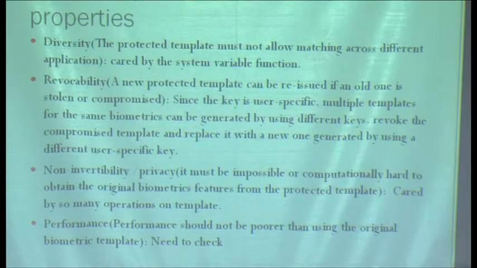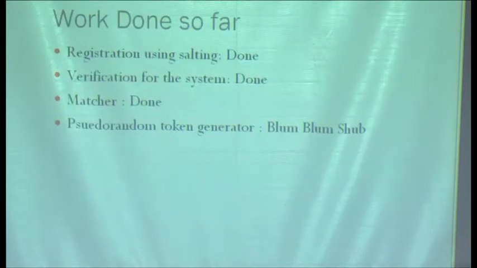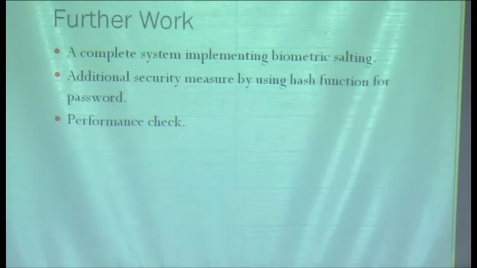And performance, this is the part I need to check. I've just got the database which I have to work on. So I did the registration part, verification part, matching, and I've used a random token generator. Now I just have to do this performance check.